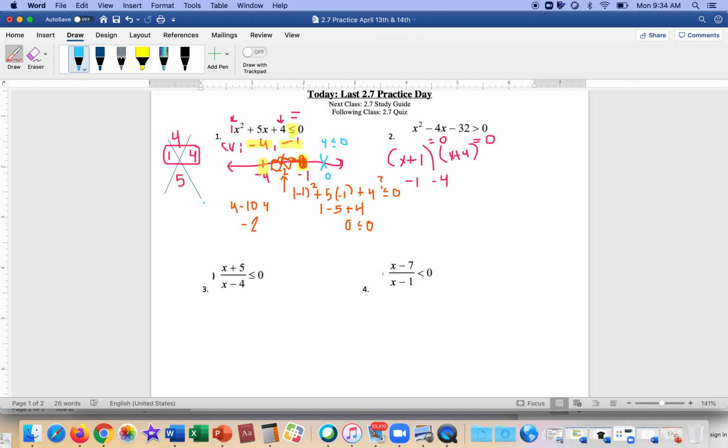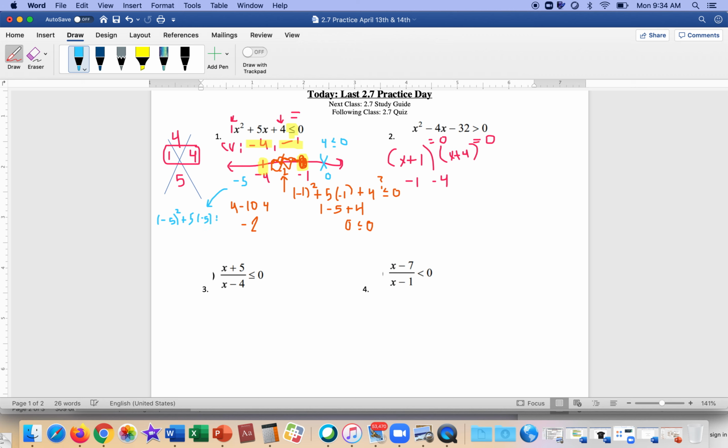If I plug in any number less than -4, let's say we test -5: -5 squared plus 5 times -5 plus 4.